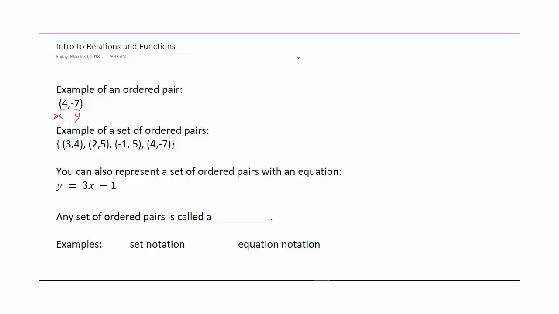And it's possible to have a whole set of ordered pairs. And sometimes we represent these ordered pairs in a graph. So for example, the point (4, -7) would be in the fourth quadrant of our XY coordinate system and looks something like this.